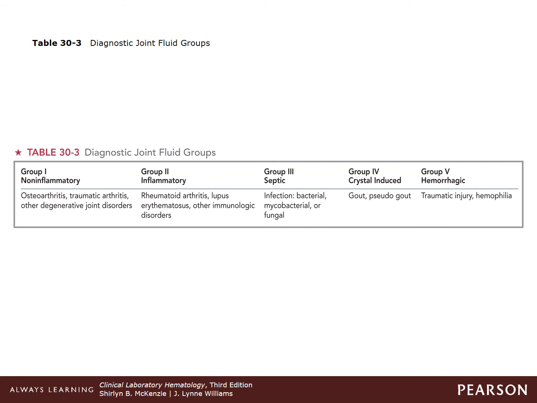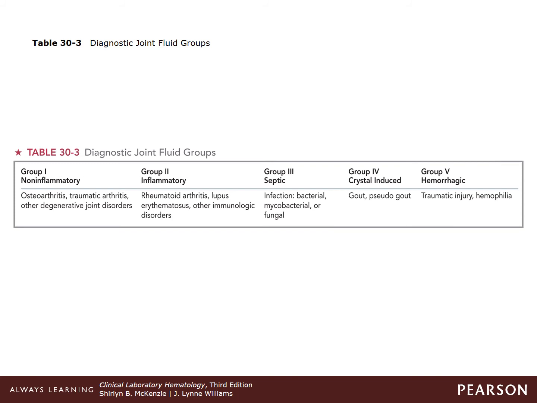Group 3 is a septic type of infection, and these will be hazy or cloudy, most likely caused by bacteria, fungi, or mycobacteria. Group 4 is crystal-induced, where we see multiple crystals in the specimen, due to gout or pseudogout.